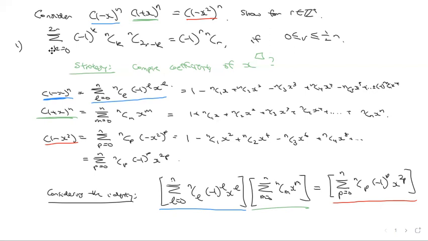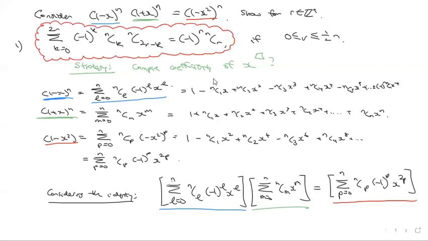Now remember our strategy. Our strategy is to compare coefficients of some power of x. So if you do a comparison with this side, this is a negative 1 to the power of r nCr. If you want that to be a coefficient of some power of x, this side is just going to have a whole bunch of products of nC something times nC something.